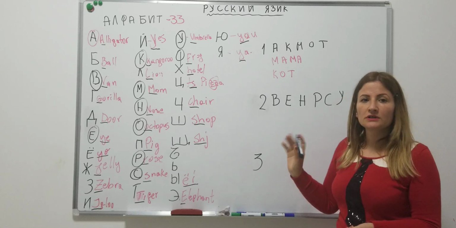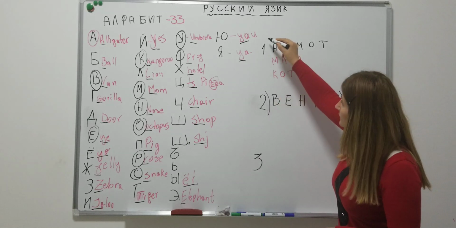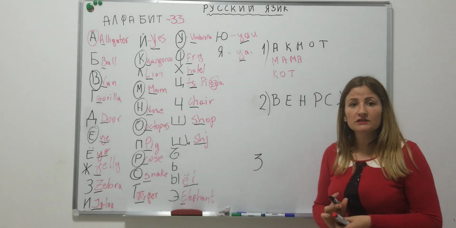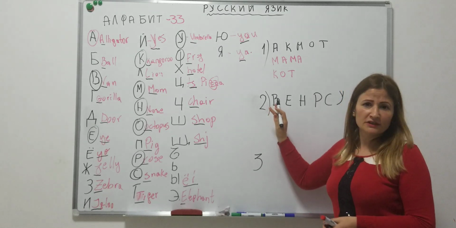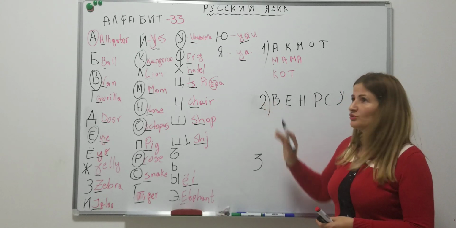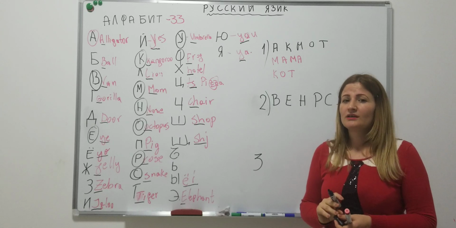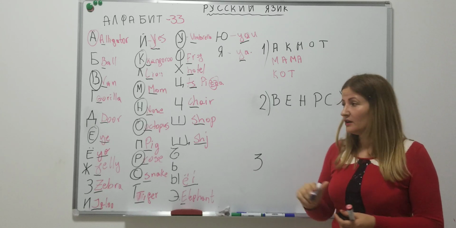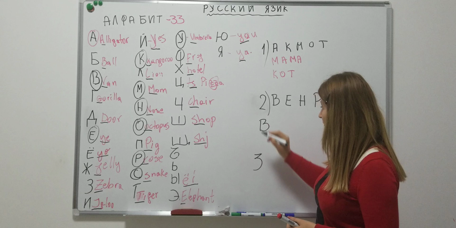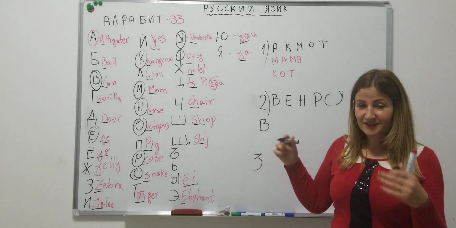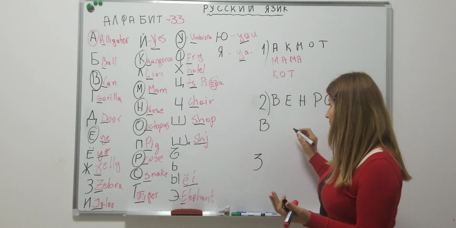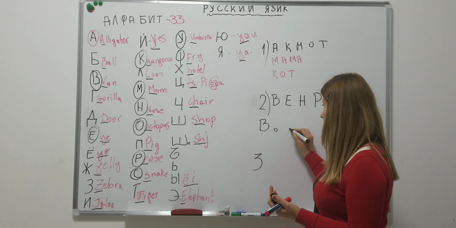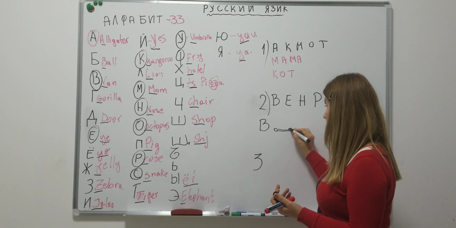These are confusing because in the beginning when I was learning Russian, it was very difficult to not read this as B. You have to read it V. So guys, what I did, let's say this is V, I drew something that starts with that letter. For example, I'm not good at drawing, but at least it helps me.